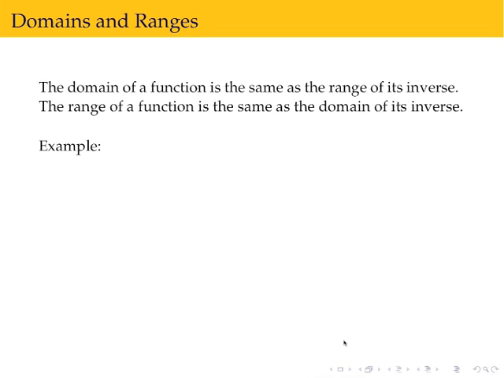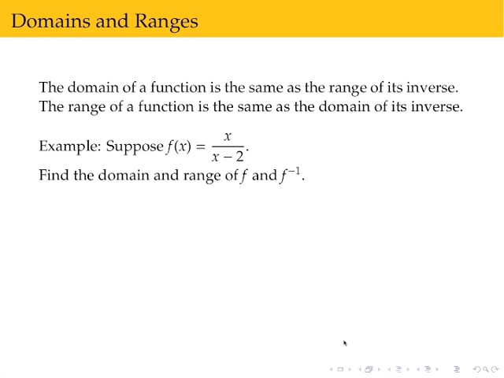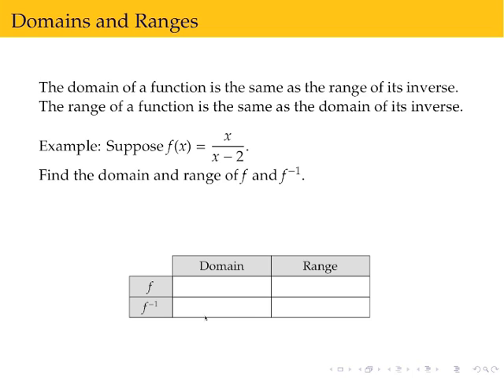So this is actually very useful when we're looking for the ranges of things. We know how to easily find the domain of a function like this. It's going to be the set of all numbers so that the denominator is not 0. The only value that makes this denominator 0 would be 2. So now I have a table to fill out.